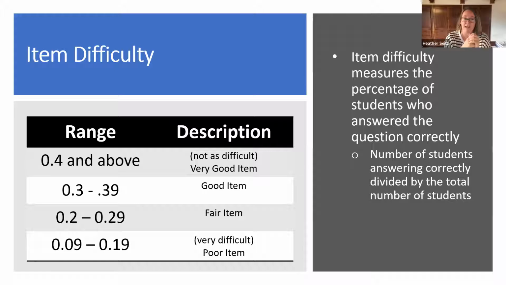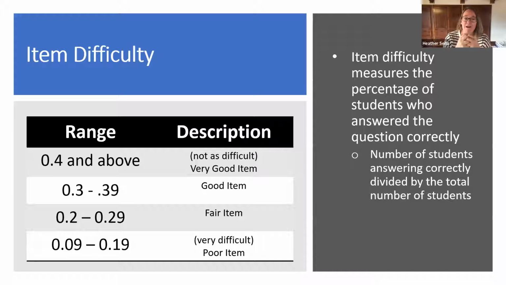We can look at that at an item level, and we can take the average over all of the items to get an entire assessment measure of item difficulty. So it's a counterintuitive statistic in that the higher the item difficulty, the easier the item was. That's because it is calculated as the percentage of students who answered it correctly.